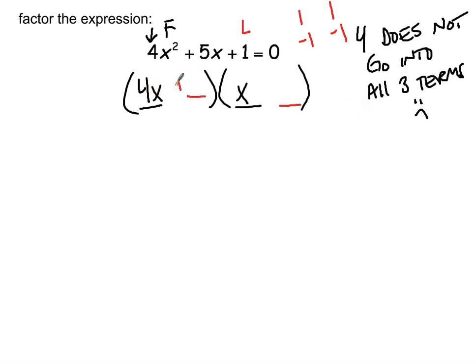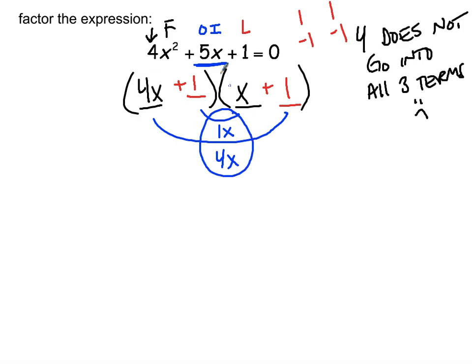So let's just try both of them being a 1. We have to check our outsides and our insides to make sure that they make a 5x. So the outside two, 4x times 1 is 4x. The inside two, 1 times x is 1x. Add them up. Yep, those equal 5x. So we did it right on the first try. That's the answer.